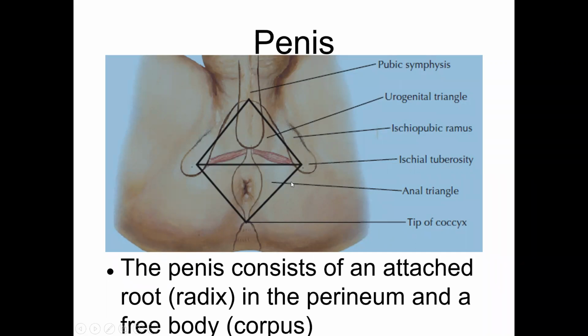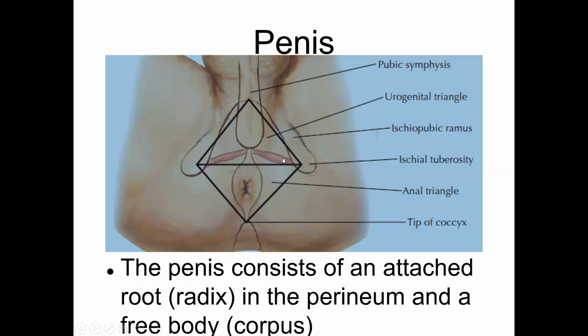This diamond-shaped area is divided by a transverse line to form 2 triangles, anteriorly the urogenital triangle, posteriorly the anal triangle. Also notice, these 2 triangles are not actually in the same plane. The anterior triangle, urogenital triangle, is more or less horizontal.